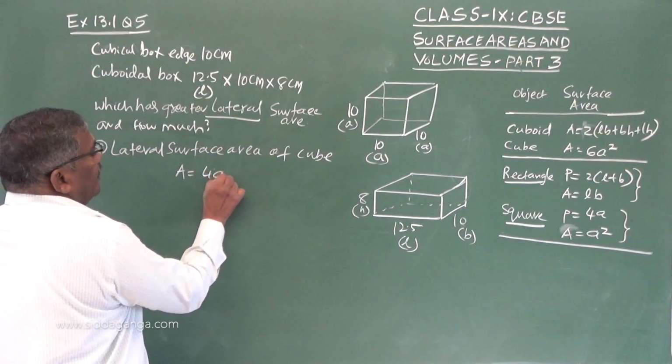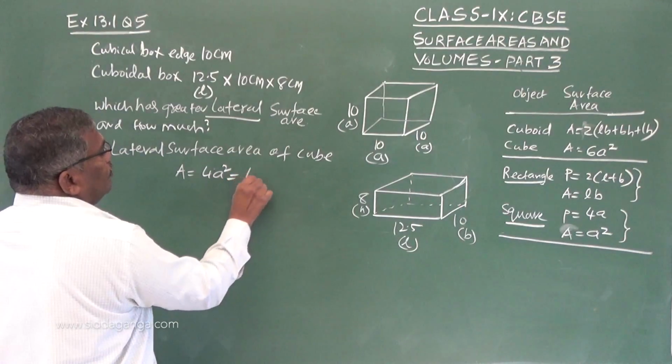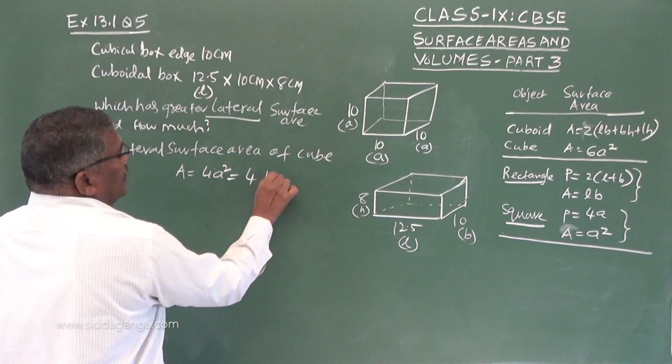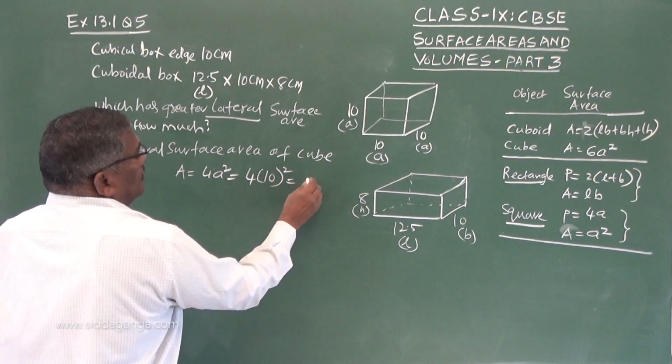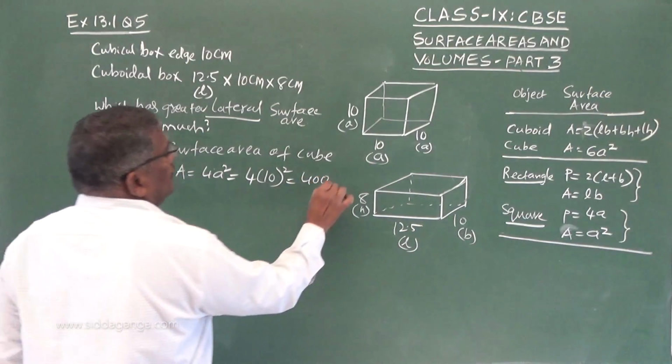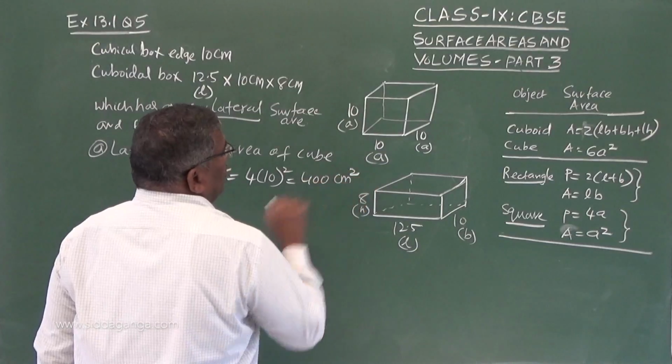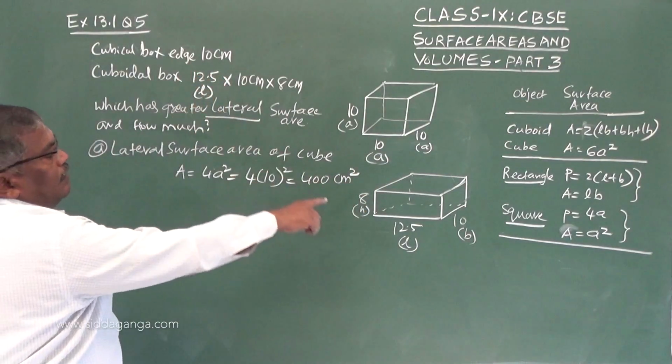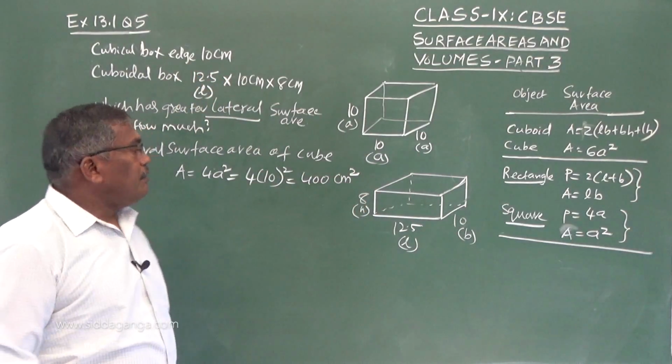Therefore, it is 4a square, which is 4 into 10 square, that is 400 centimeter square.